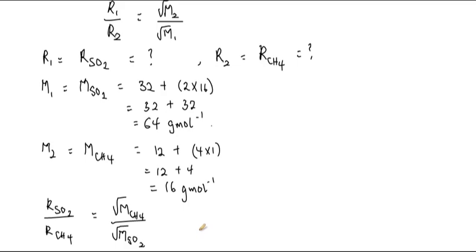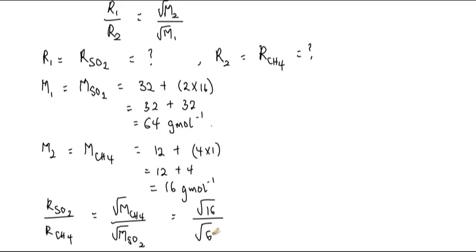From here we have this equal to the square root of the molecular mass of methane. The molecular mass of methane is 16 grams per mole, neglecting the units to make the calculation easier. So we have square root of 16 divided by square root of the first gas, which is SO2, and we've gotten the mass of SO2 to be 64.